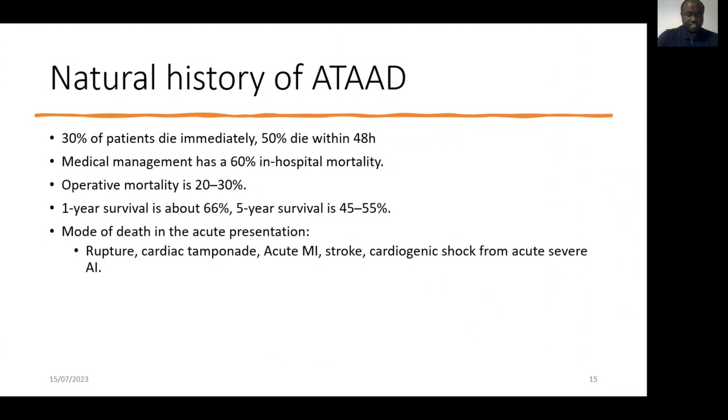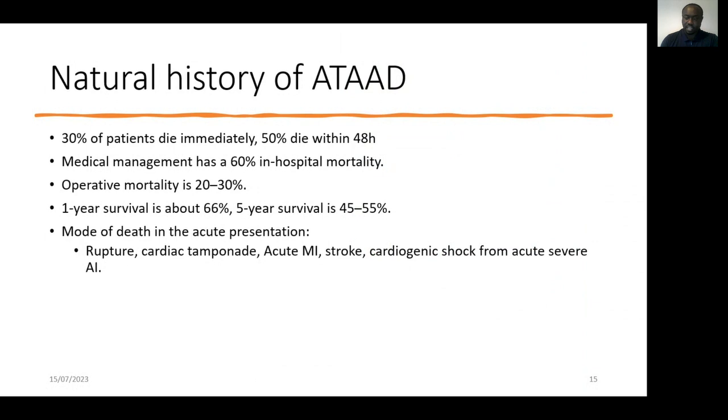So patients with dissection, if you manage medically, most will die in hospital. If you do surgery, this is high risk, about 20% mortality rate. But you have a better chance of surviving with surgery than medical therapy. And how do patients die?